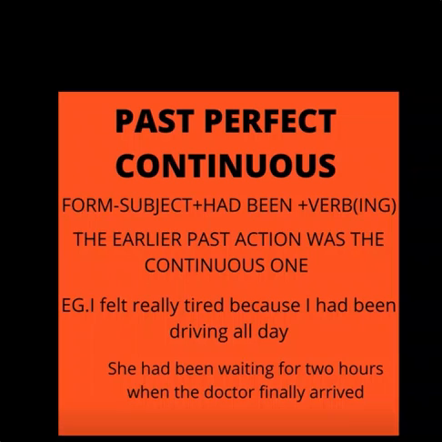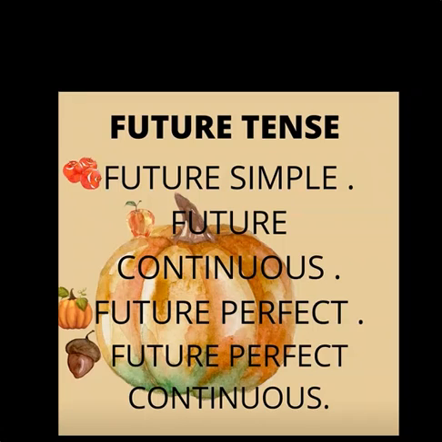Why? Because I had been driving all day. I had been driving is past perfect continuous. Let's check another example. She had been waiting for 2 hours when the doctor finally arrived. These are the example sentences for past perfect continuous tense.